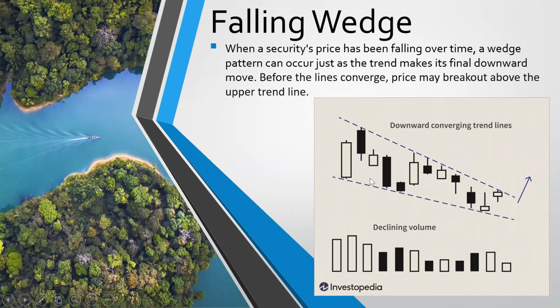This is the upper trend line, this is the downward trend line, so these are downward converging trend lines. Again, it's declining volume. Three main characteristics apply to both the rising as well as the falling wedge: two converging trend lines connecting the highs and the lows, declining volume, and then it eventually breaks out of the upper trend line.